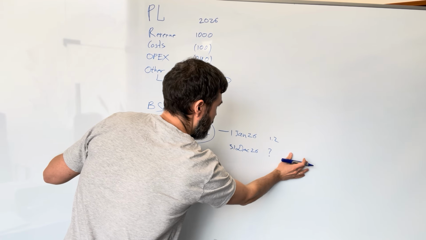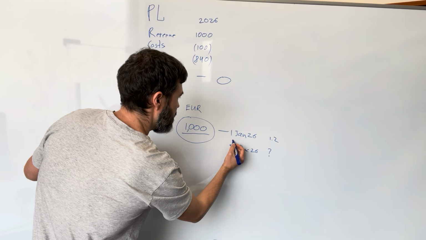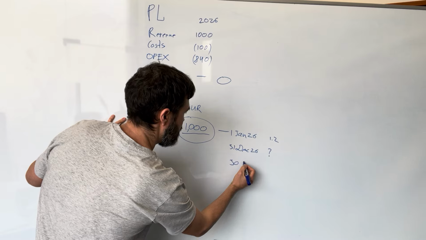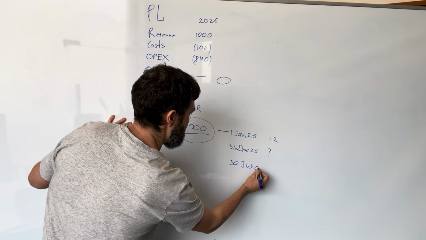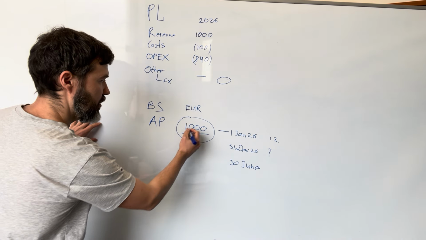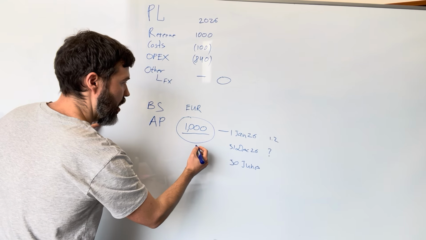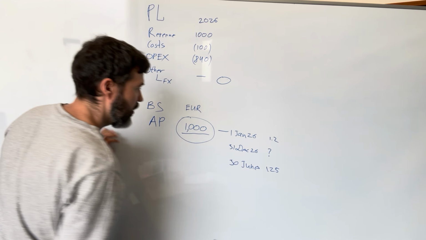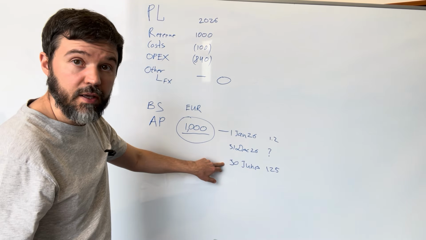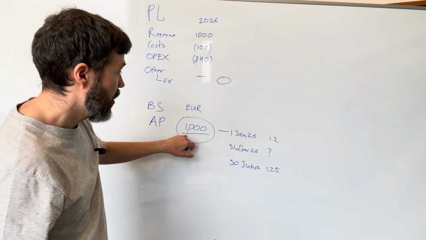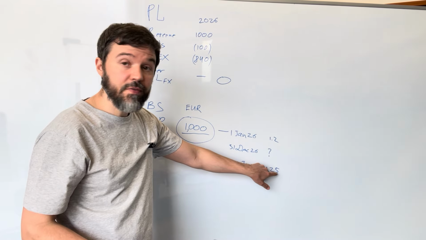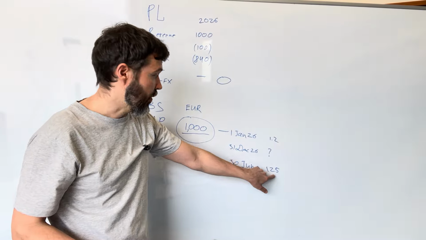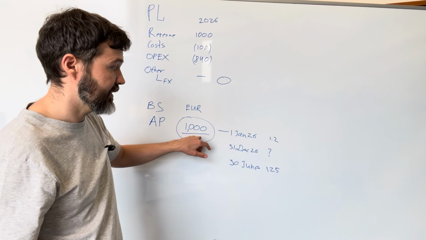Sorry, it's not here. It's June. And in June it's 1.25. And it becomes 50 million more than it used to be at inception.